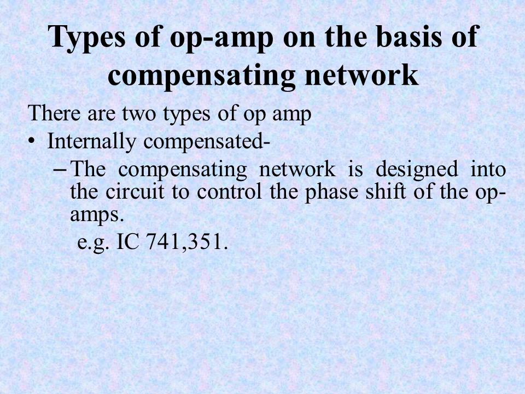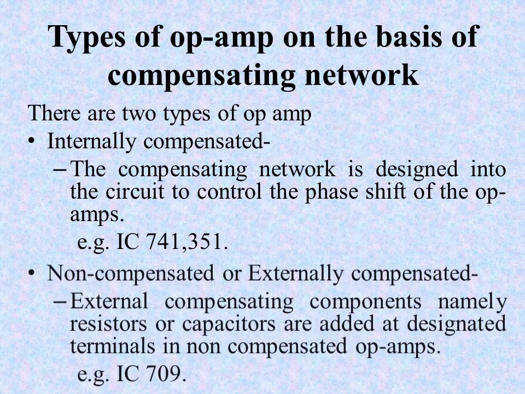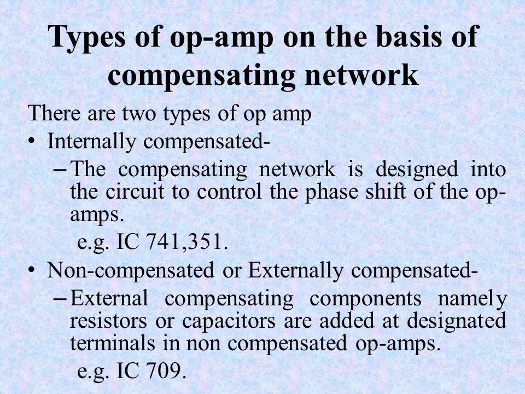For example, IC 741 is an internally compensated IC. Similarly, 351 is also an internally compensated IC. So they do not require any external network. The second type is non-compensated or externally compensated.